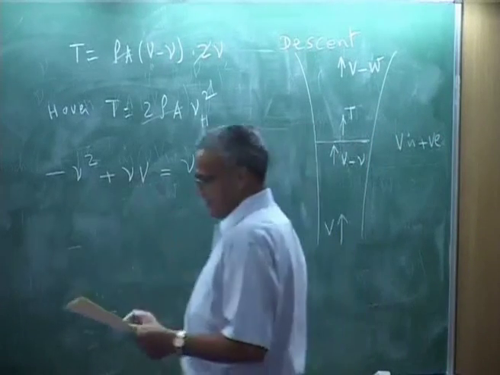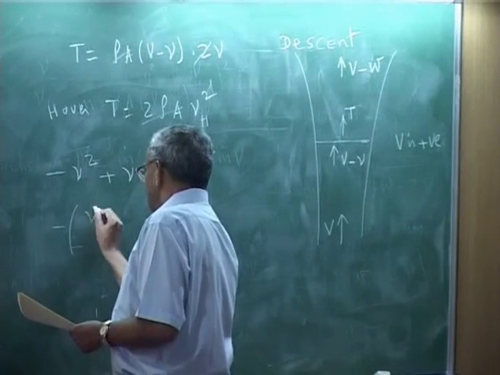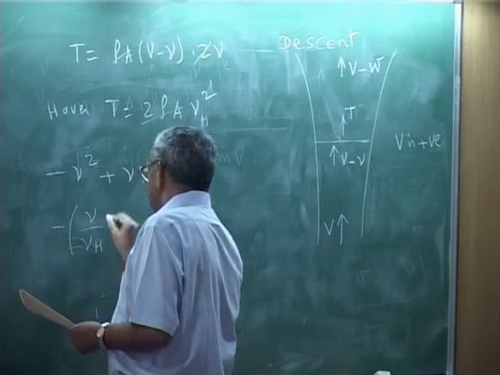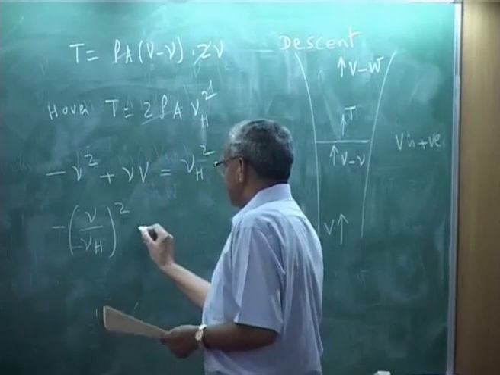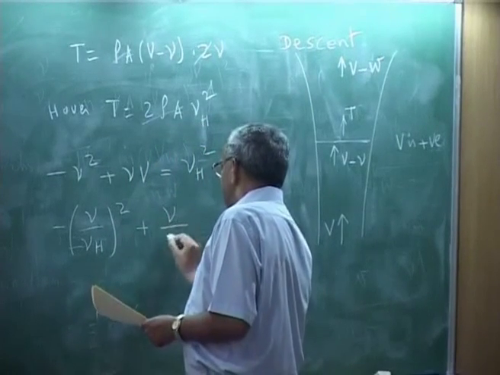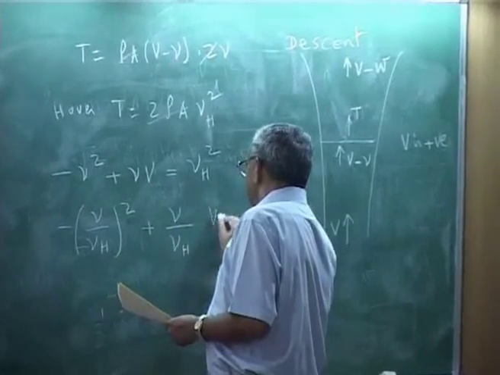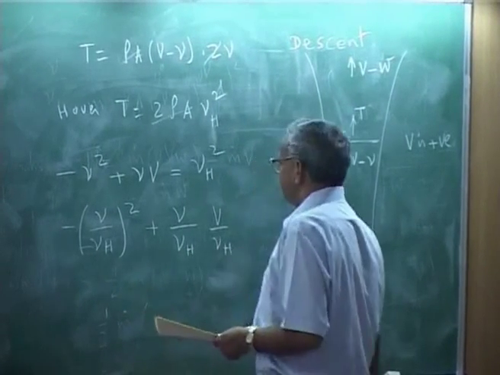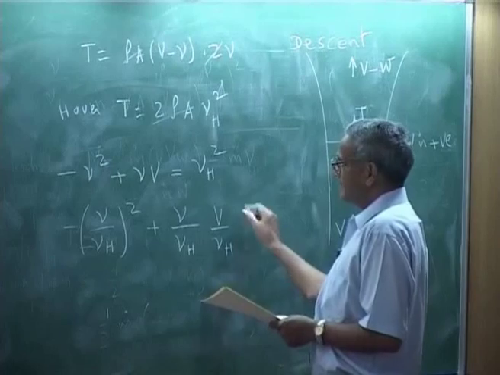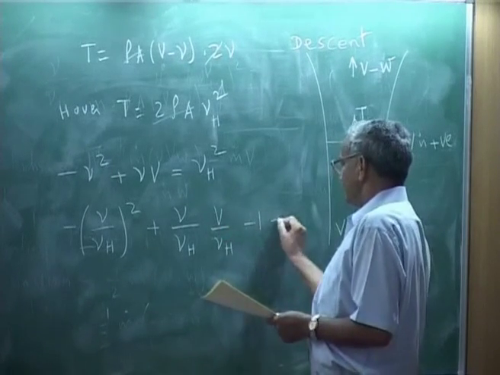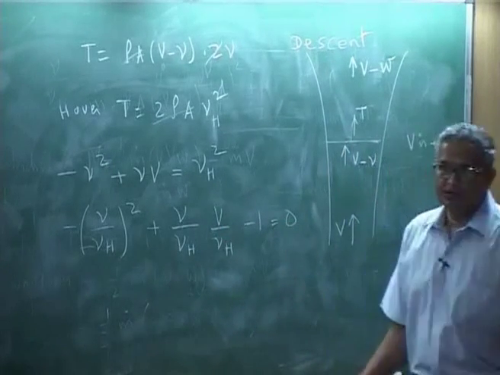so you divide everything, you will get minus of ν over ν_h whole squared plus ν over ν_h times V over ν_h, okay.